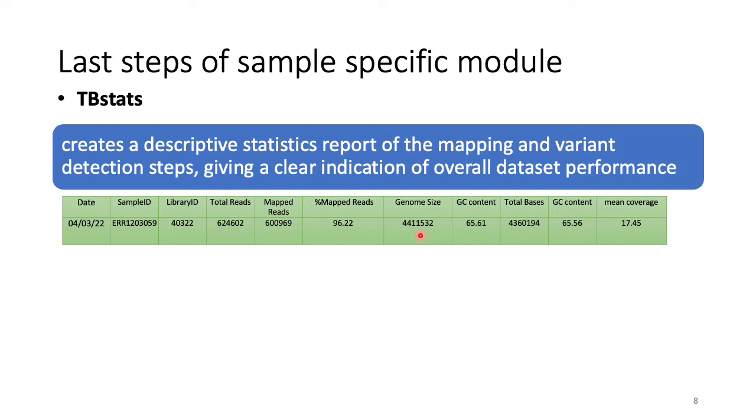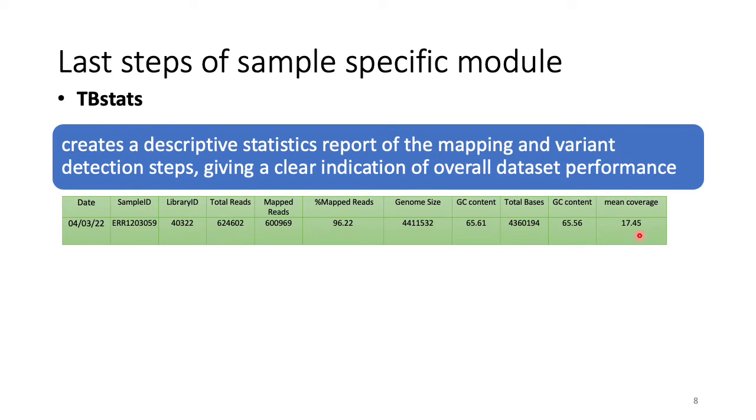In this case, from the GC content we can understand that it can be a mycobacterium because it has a high GC content. And here you can see also the mean coverage of 17.